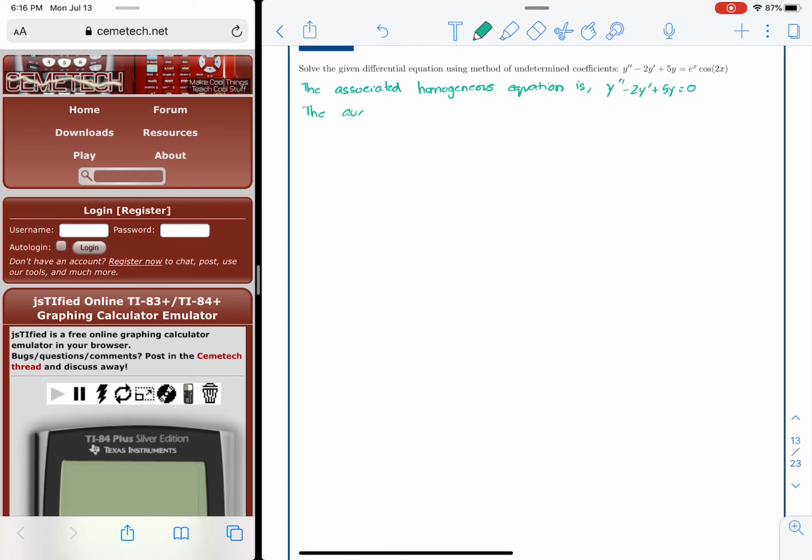The auxiliary equation is m squared minus 2m plus 5 equals 0.